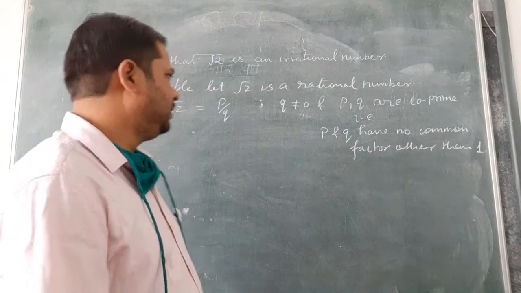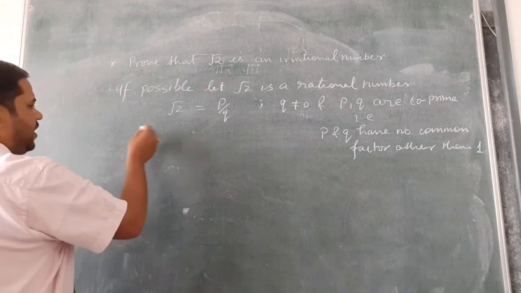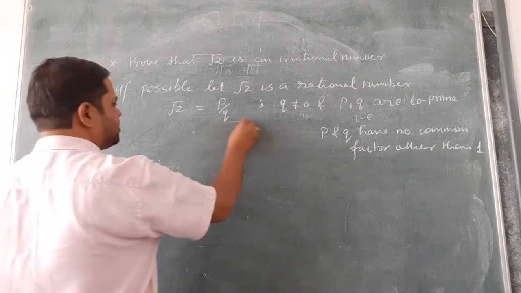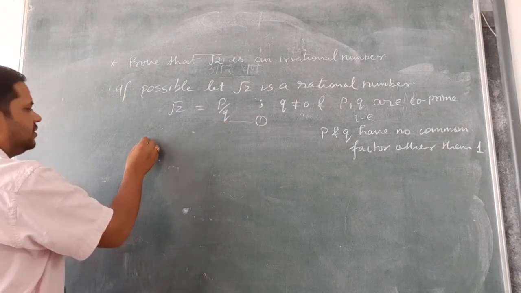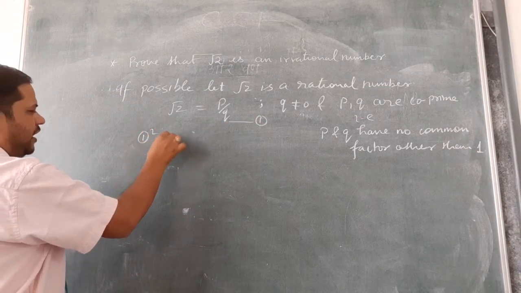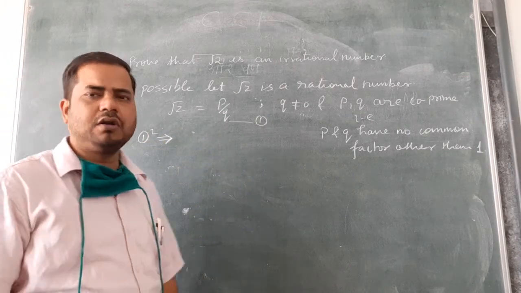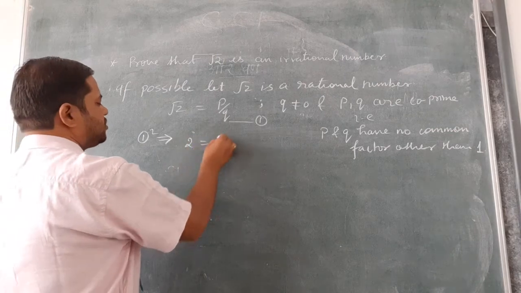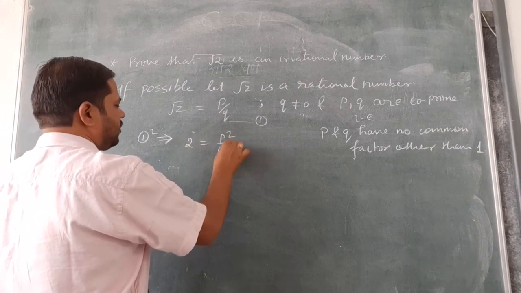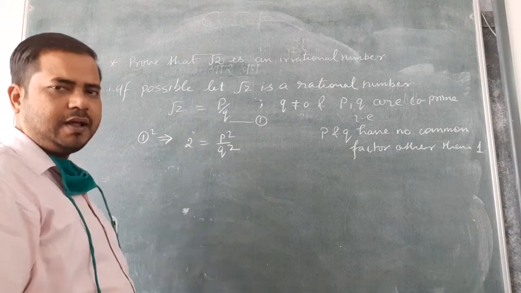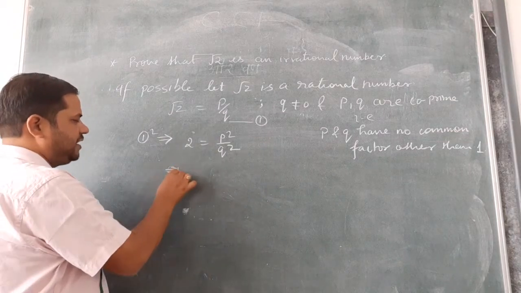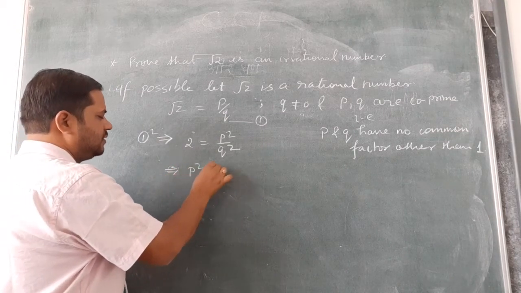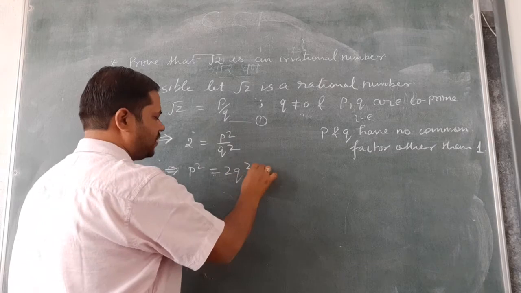Now, squaring both sides, we have 2 is equal to p square upon q square. From this we can write p square is equal to 2q square.